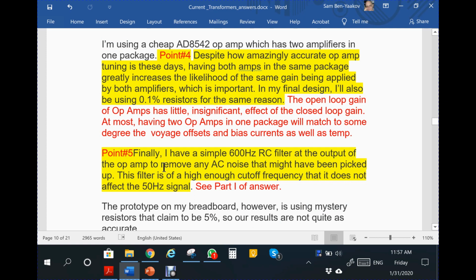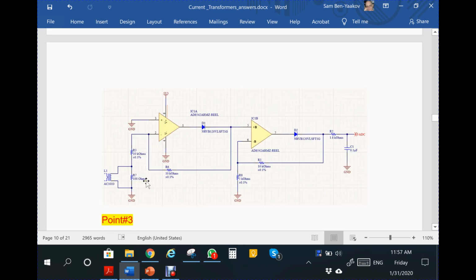It says, finally, I have a simple 600 Hertz RC filter at the output of the op amplifier to remove any AC. Now, let me just very briefly go over this point, which is discussed in part 1 of the answer. Well, here it is.